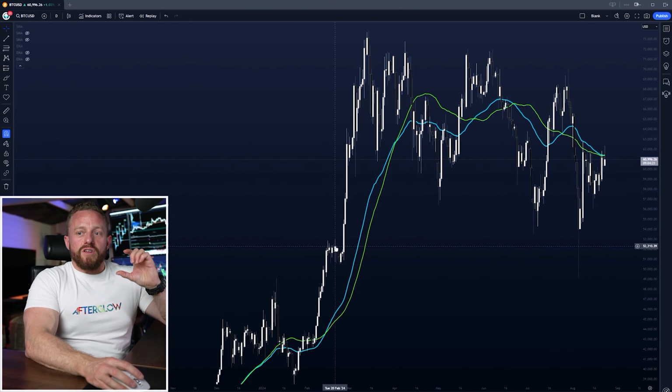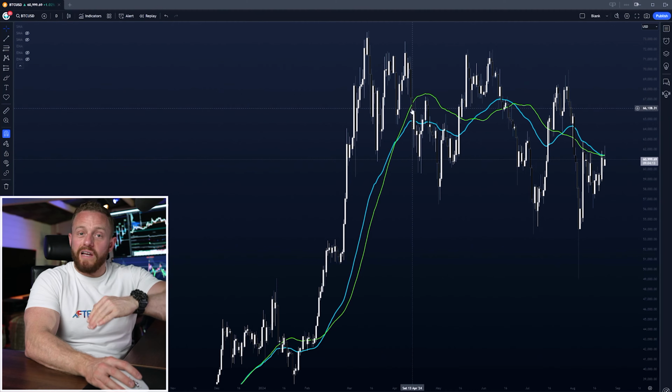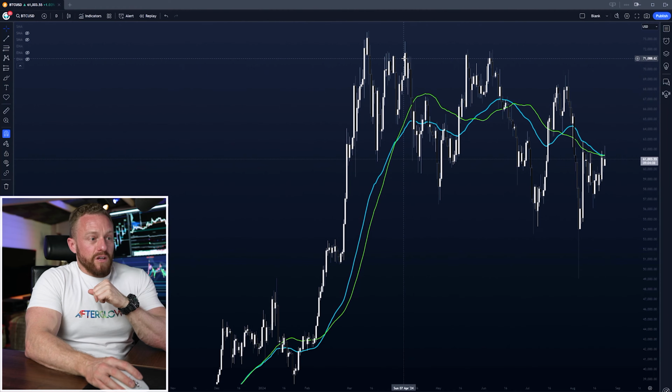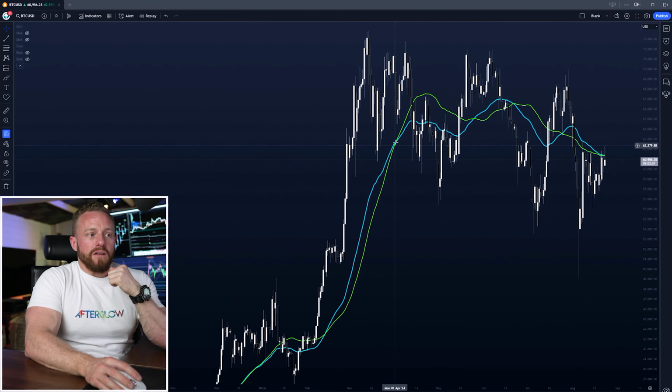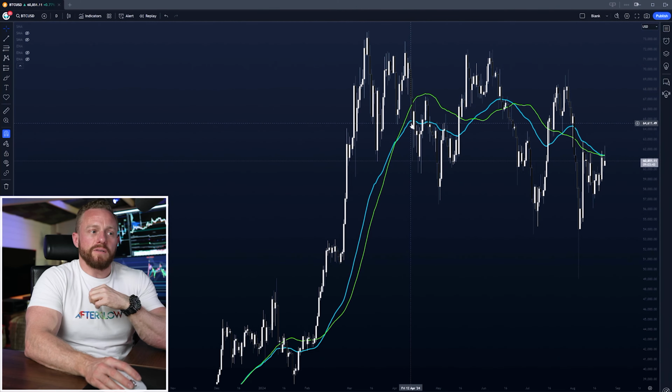However, this works in the opposite way towards the end of the trend when the price action shifts to ranging and possibly downwards price action. Because at the top here, we can see in kind of April time, prices start coming down on Bitcoin from around 70,000 down to 60,000 and below. And of course, again, that EMA line is reacting more quickly. So here you can see the slower responding SMA line keeps going up while the EMA line starts curling down and dips underneath the SMA line.